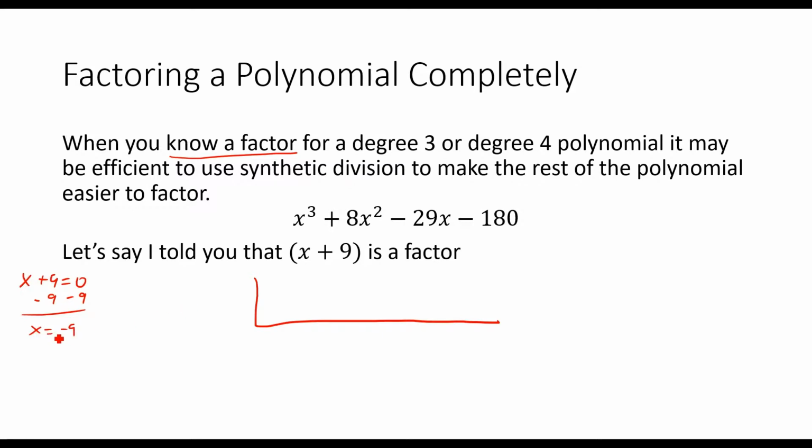This essentially gives us x equals negative 9. I'm going to put that negative 9 over here. Inside of the L, or inside of the synthetic division, I'm going to use 1, 8, negative 29, and negative 180.